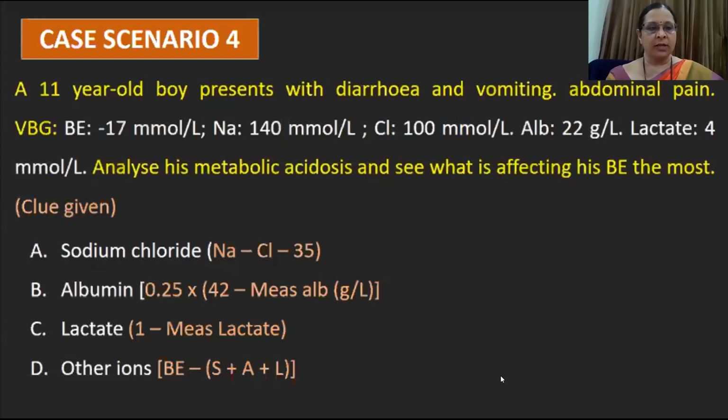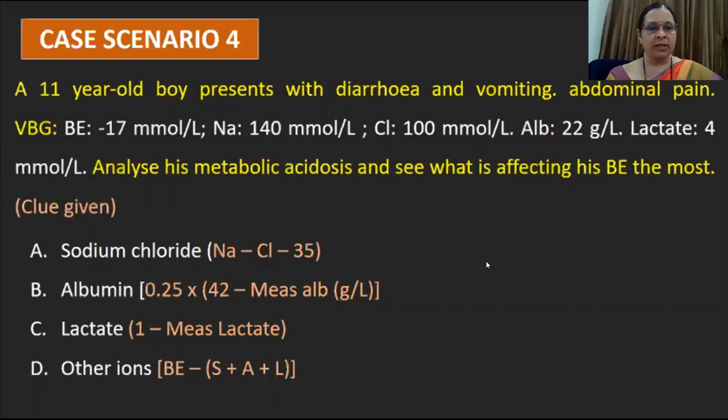Yes, ma'am. According to the formula, we'll calculate sodium chloride first. That can be calculated by measured sodium minus measured chloride minus 35. Substituting the values, sodium is 140 here, 140 minus 100 minus 35.